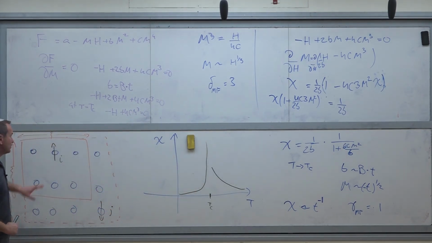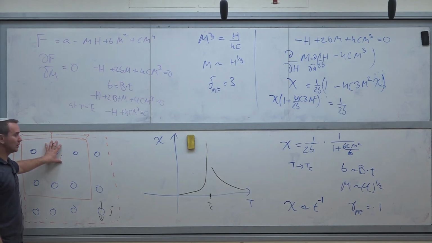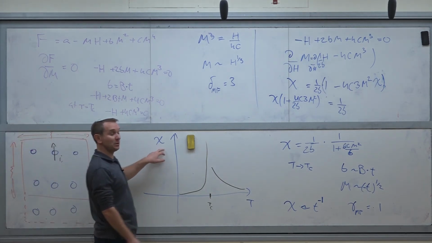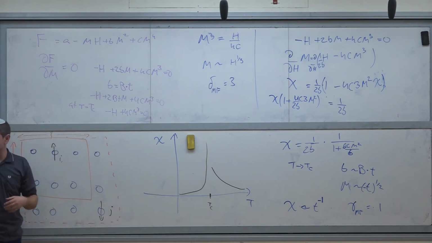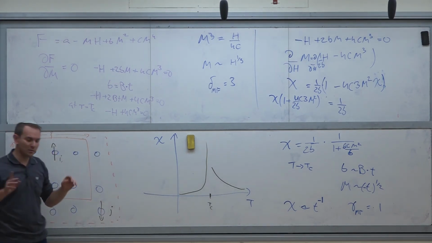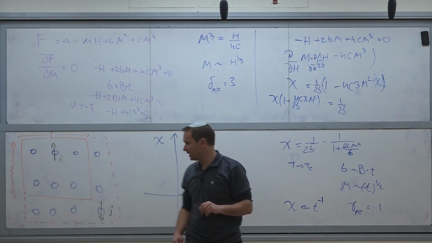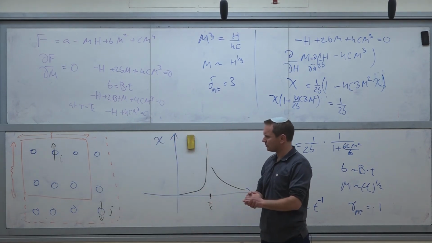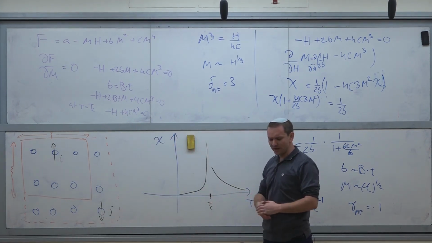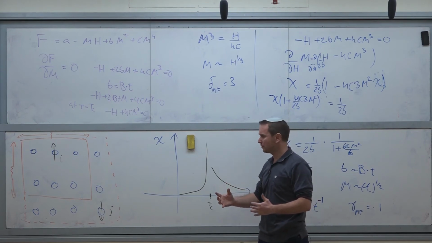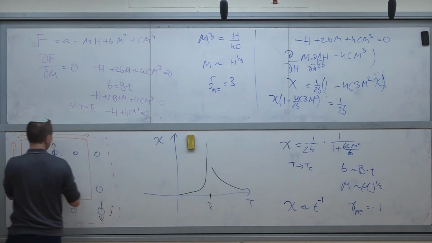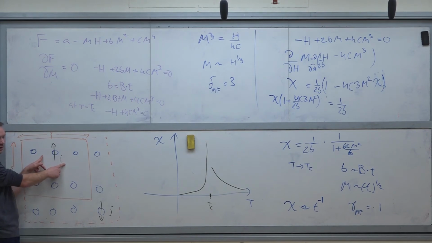Now, there is a relation between this correlation length and the susceptibility. What is the relation? First of all, we can show it mathematically, but we'll do it in a hand-waving fashion. When I apply an external field, all the particles feel exactly the same field.